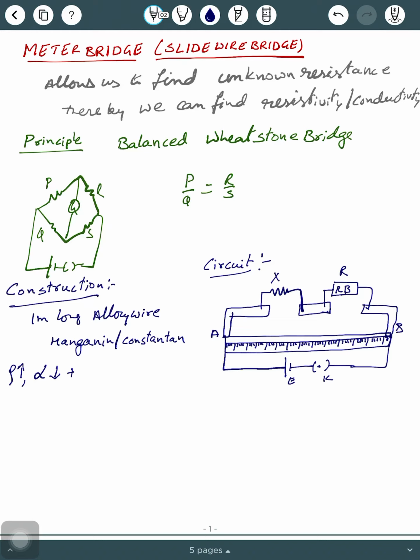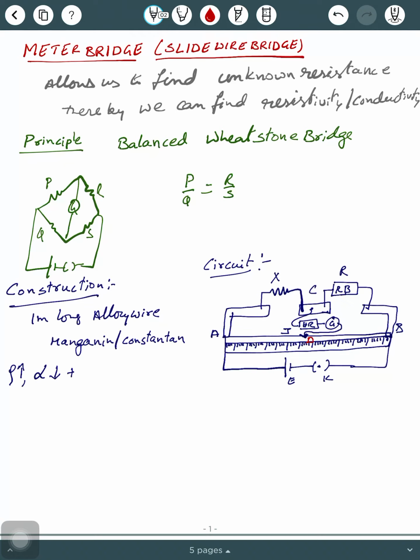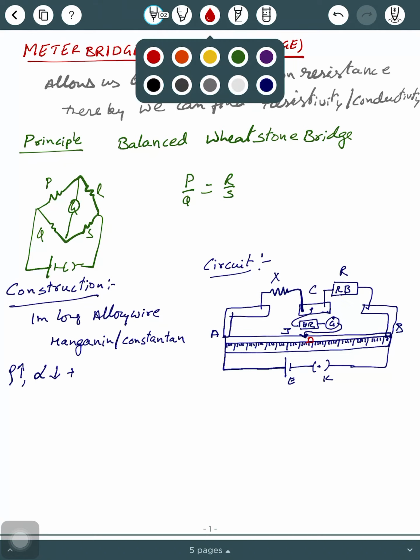So, let me put the galvanometer here from point C. I will keep a high resistance HR and then a galvanometer, and that galvanometer comes in contact with the wire with the help of a jockey J. Let me say the point of contact is D. I will tell you what D actually means.